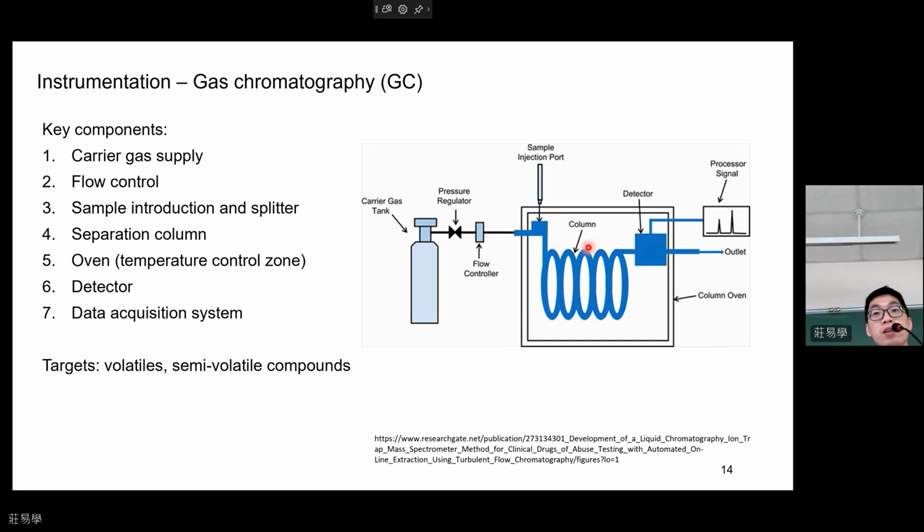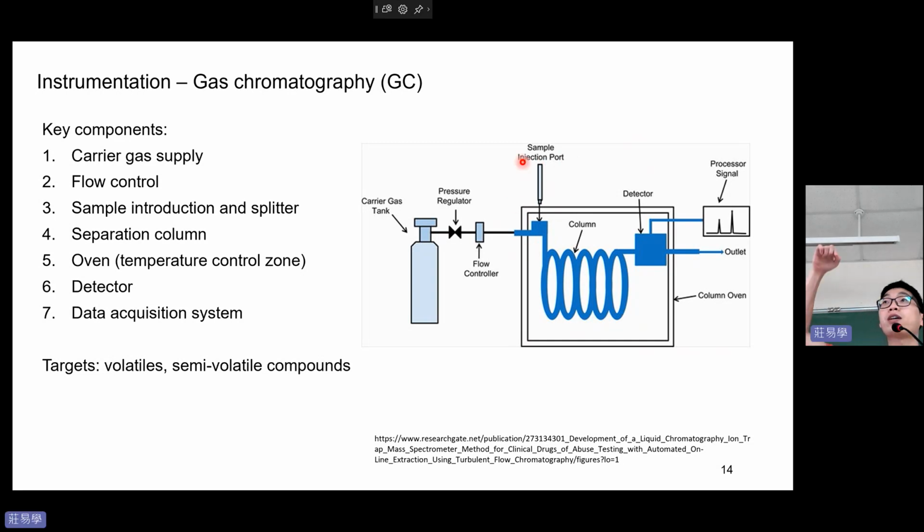You see that the gas supply is connected to the column. And apart from the column, you have a sample injector.